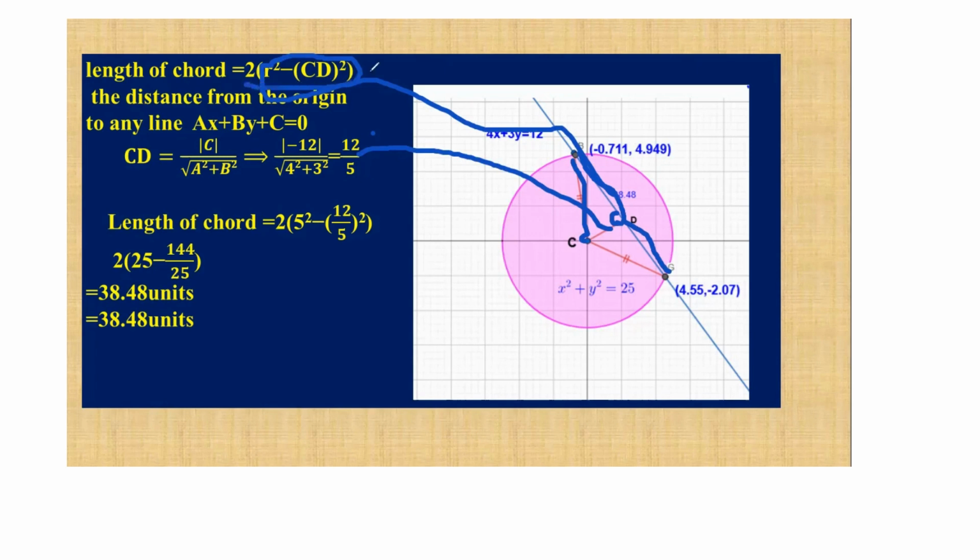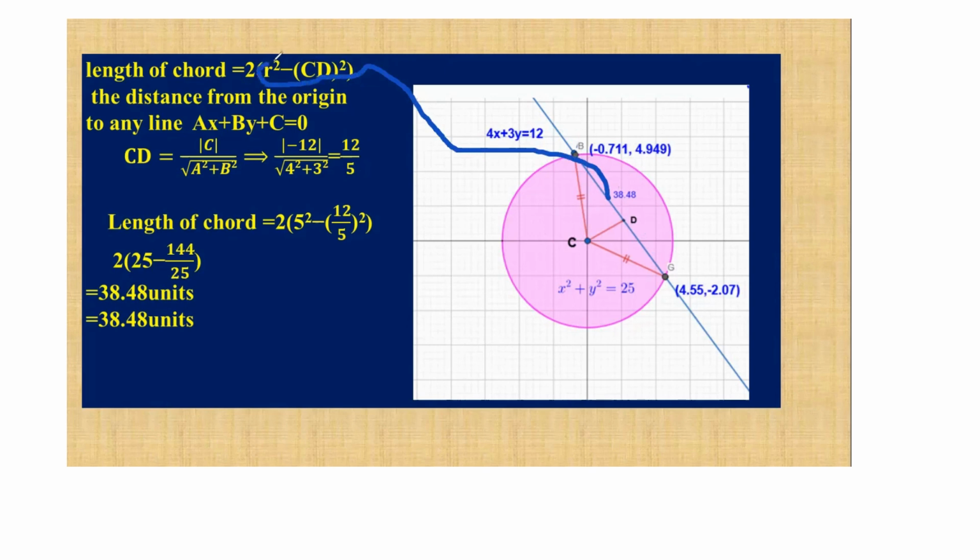So using this, this is the length of the chord from D to B, and multiplying by 2 gives the total length of the chord from D to G.